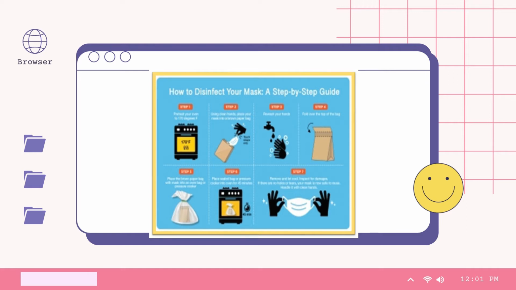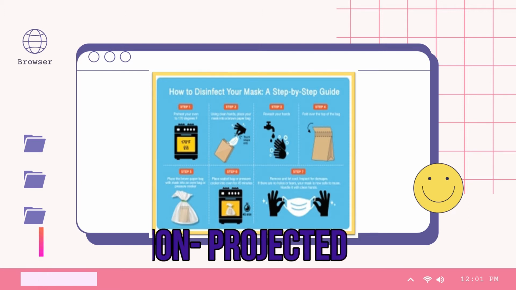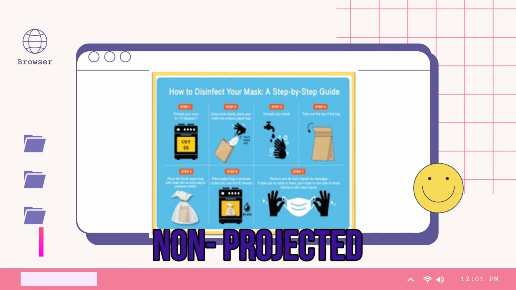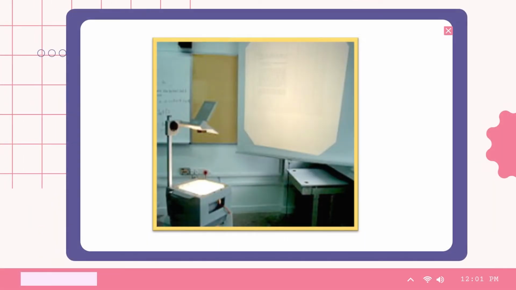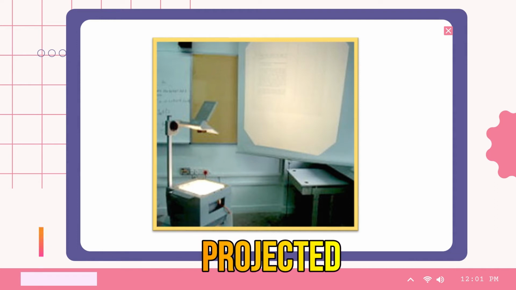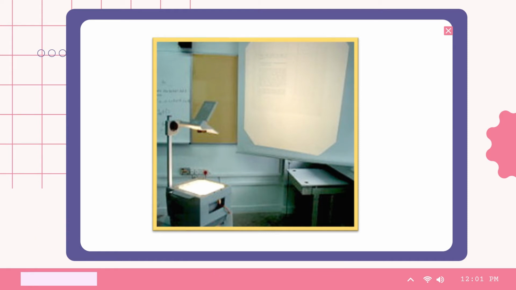When we say infographics, it is an example of non-projected visual media. Another image is an overhead projector. An overhead projector is an example of projected visual media.